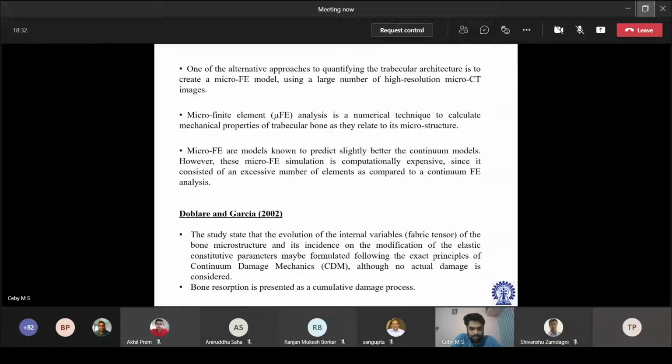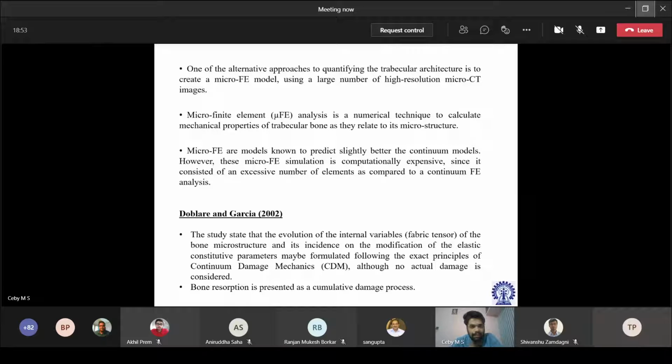But I will guide you to the papers where you will find these techniques and analyses which have been done previously. So this is one technique to find the anisotropic property.